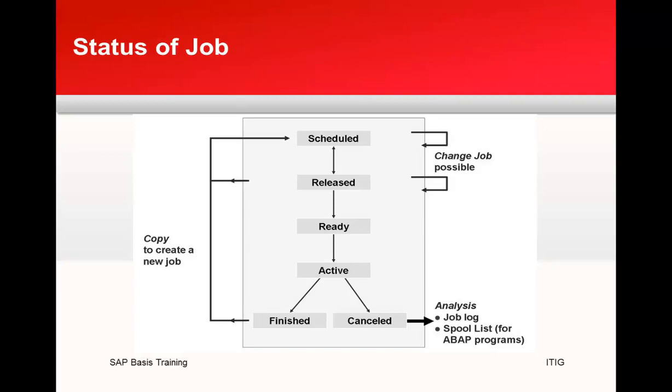Active means the job is currently being executed and cannot be deleted or changed. If an active job doesn't seem to be running correctly, you can terminate it in a background work process in debugging mode, analyze it, and then release it again or terminate it. So that is about the different statuses of a job.